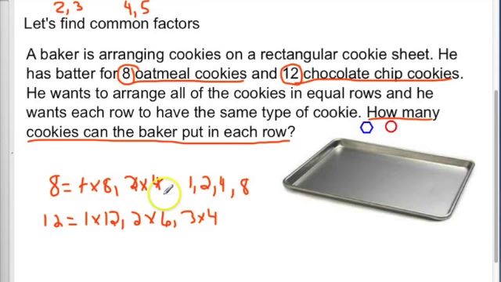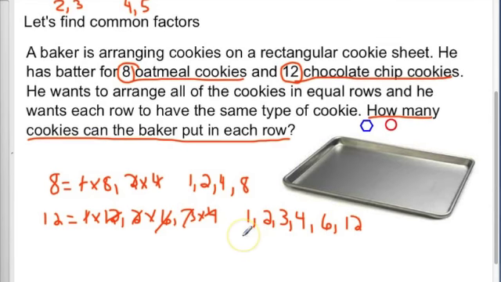So I have listed those factors in numerical order, and I'm going to do the same for 12. 1, 2, 3, 4, 6, and then 12. Okay, now I have my factors listed.